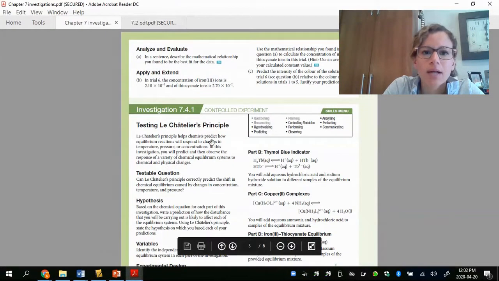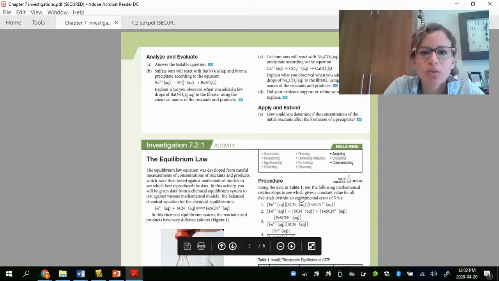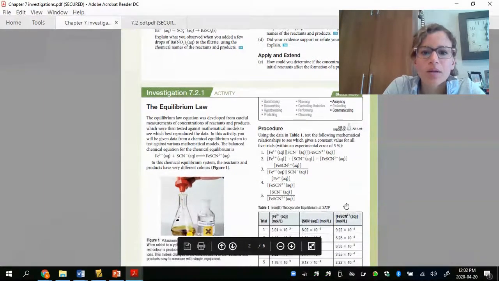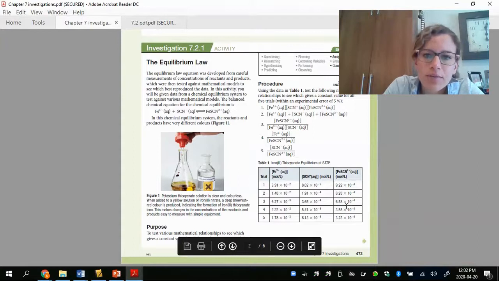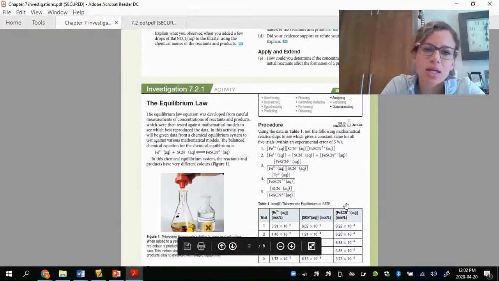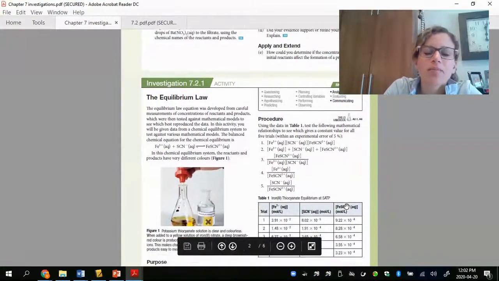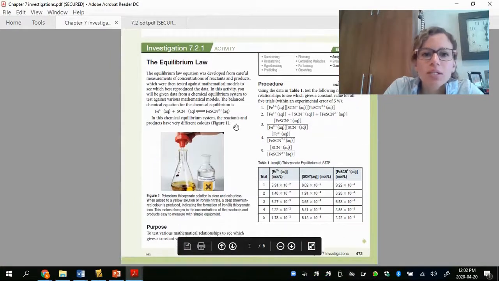If you look at investigations, I believe this is page 473, but this is attached as a PDF file under this attachment. So this is what you're doing.